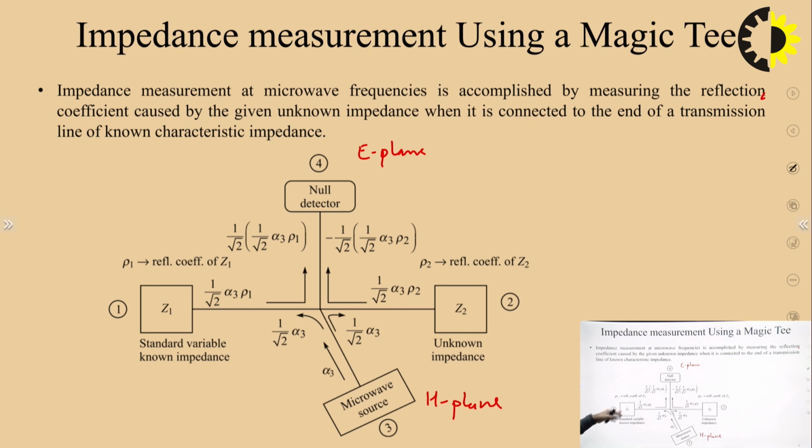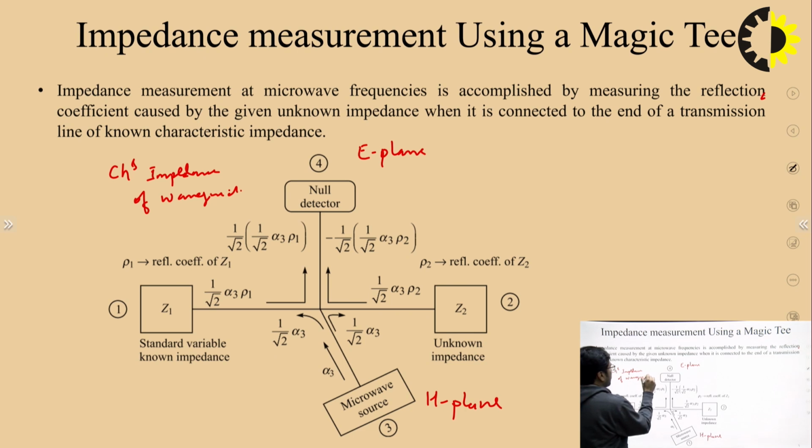As we know, a mismatch occurs at port number 1 and port number 2 simultaneously. Suppose the characteristic impedance of the waveguide is 50 ohm, and this is different from that 50 ohm. Suppose the characteristic impedance of the waveguide is equal to Z0.